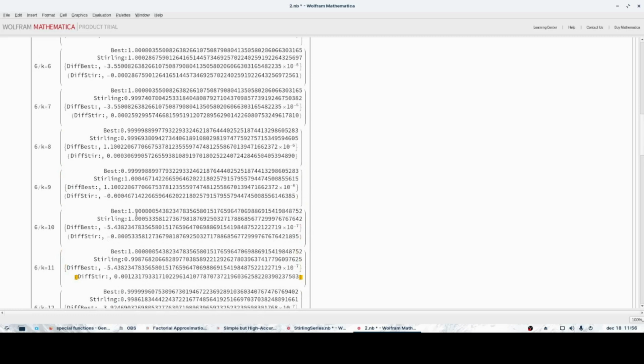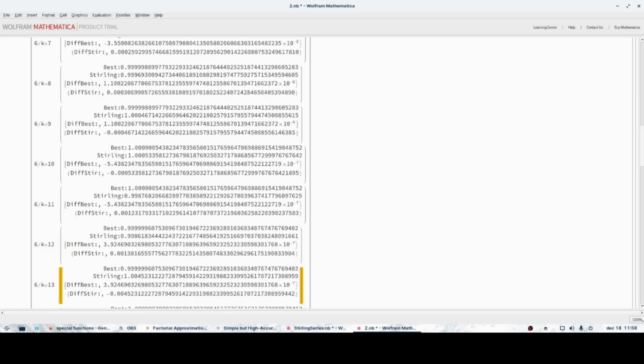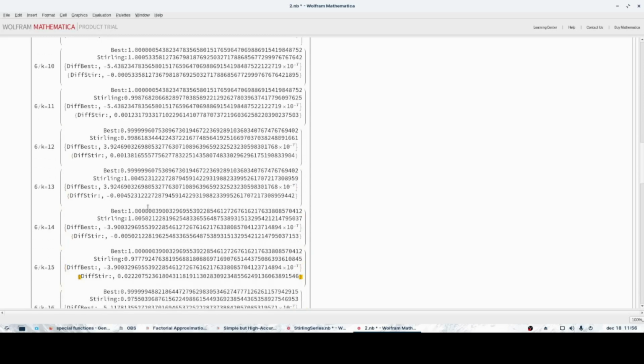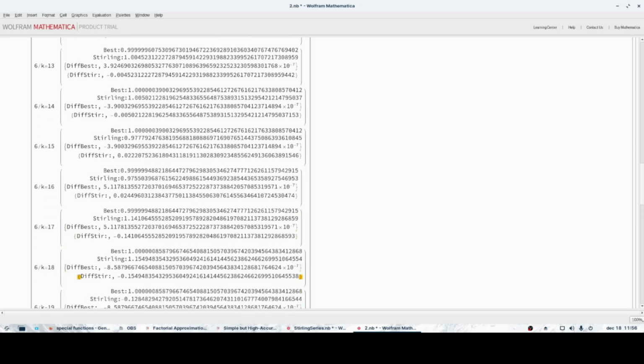As you see, the difference here is starting to fall down the decimals, and if we go down, we can see that for k equals 17, the Stirling formula outputs 1.14 and so on.